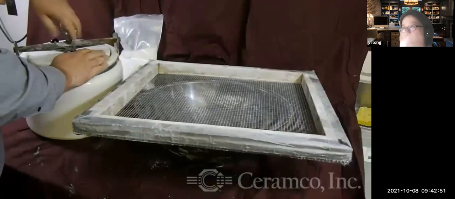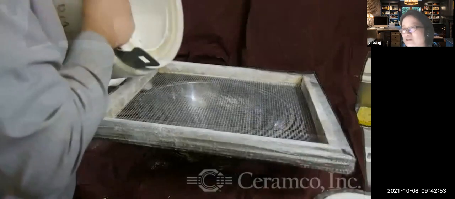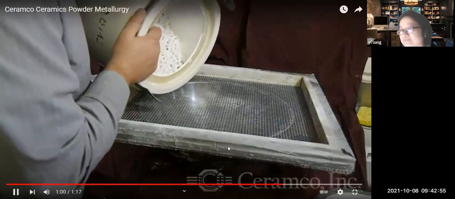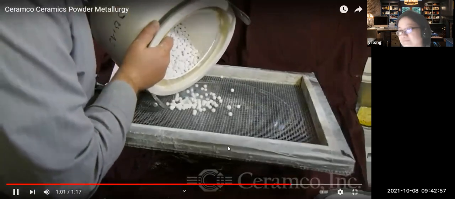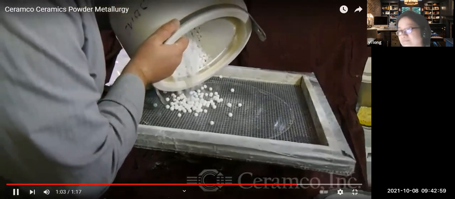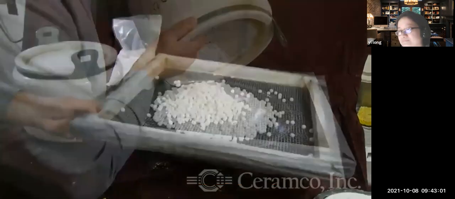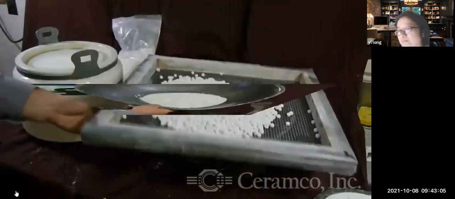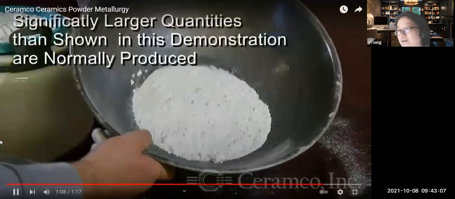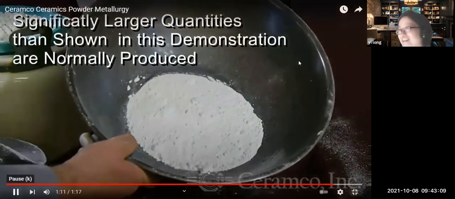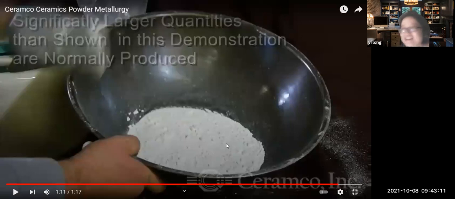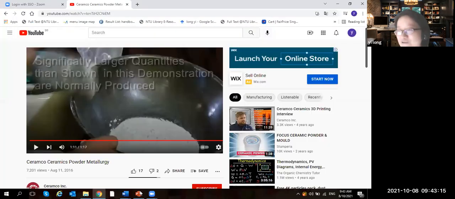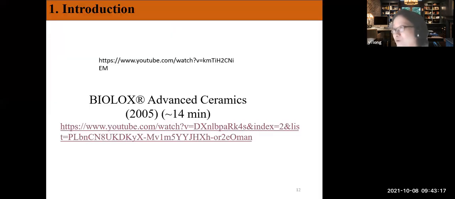See, after ball milling, you sieve it. So this is the finally ball milled one. You can see, right, it's like baking a cake. Then you get a shape, then you set it in the oven. Okay, it looks very simple, right? A lot of math behind.